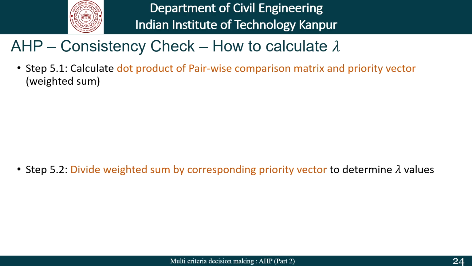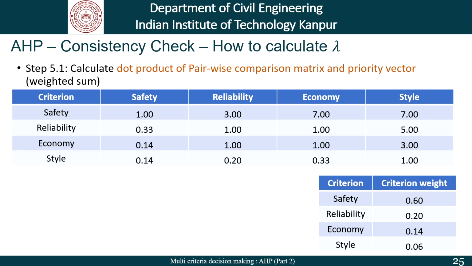So, in the first step, we have 2 matrices available with us. The first one is the pairwise comparison matrix, and we had used this information to calculate the priority vector, or the different weights.